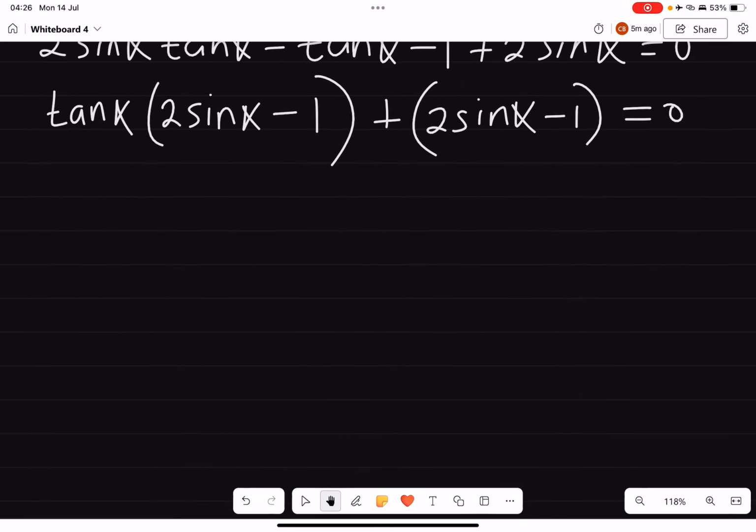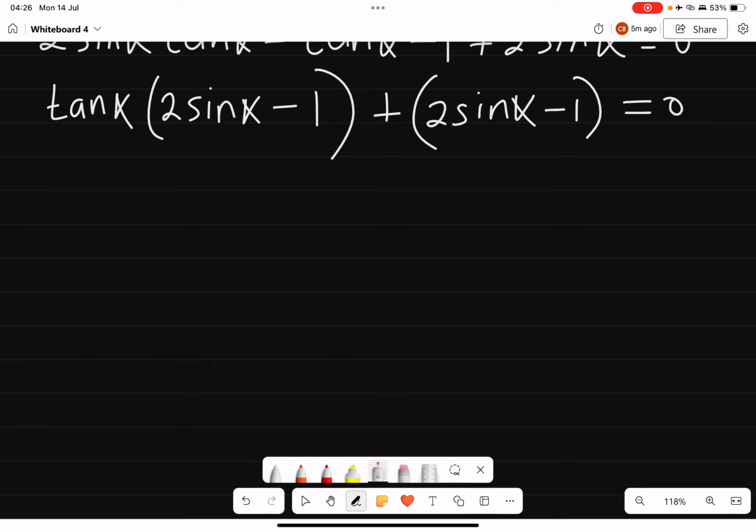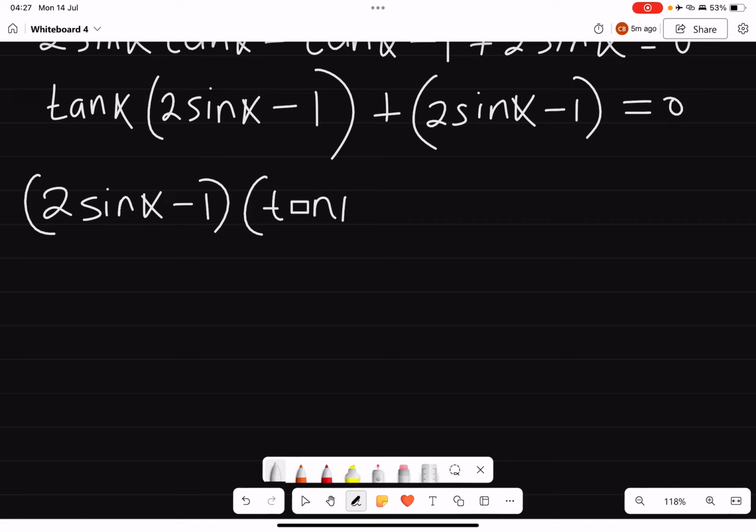Now, if you look, ladies and gents, you still have another common factor of 2 sine alpha minus 1, and we can take that out. 2 sine alpha minus 1 times tan alpha plus 1 is equal to 0.